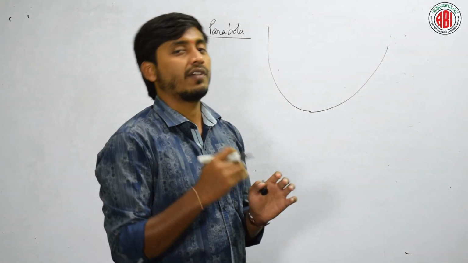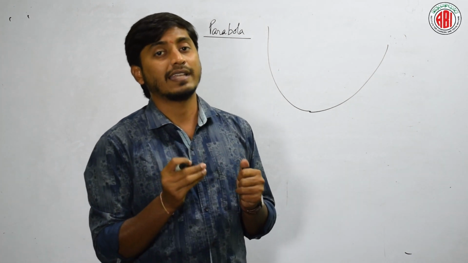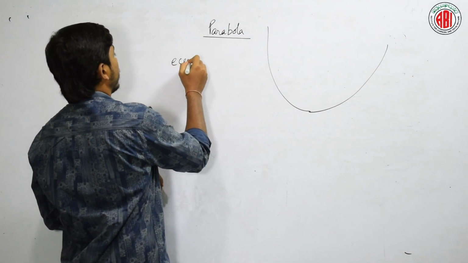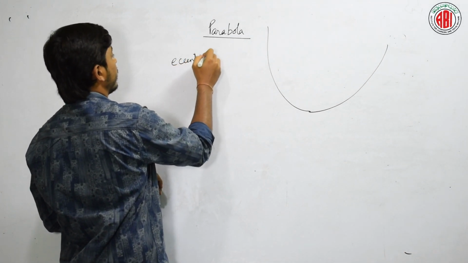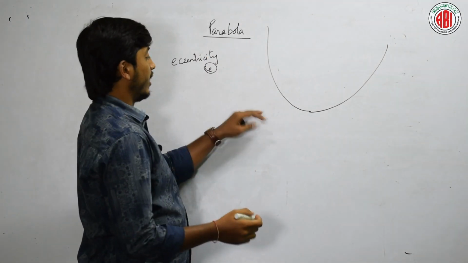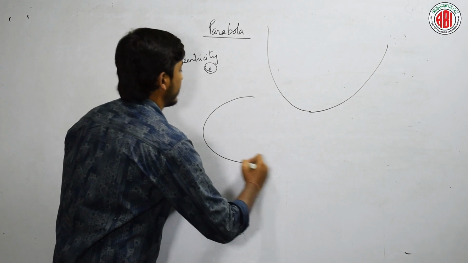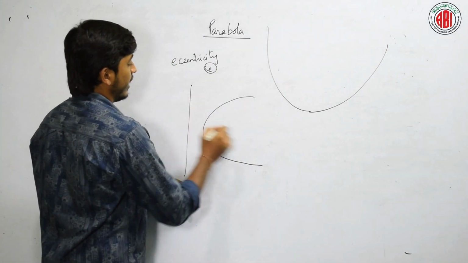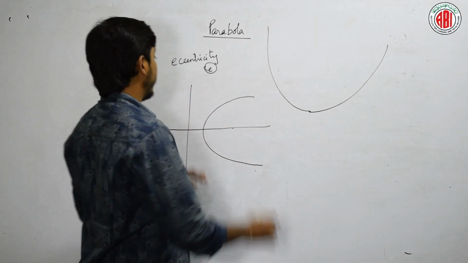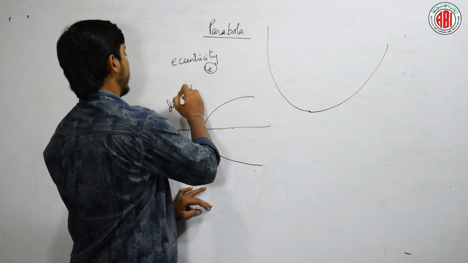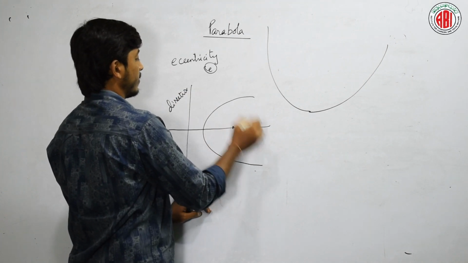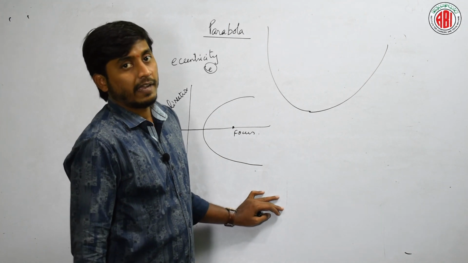Similarly, for a parabola also there is a particular term called eccentricity. What is this eccentricity? For this graph we will have a fixed line and a fixed point. This fixed line is called the directrix, and this fixed point is called the focus.